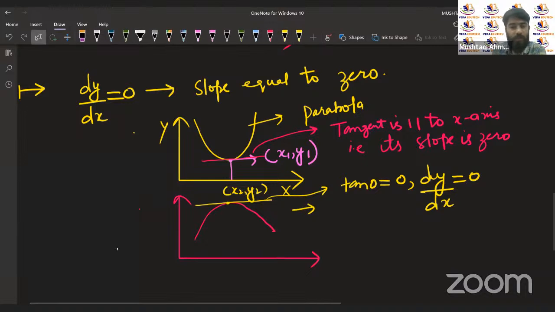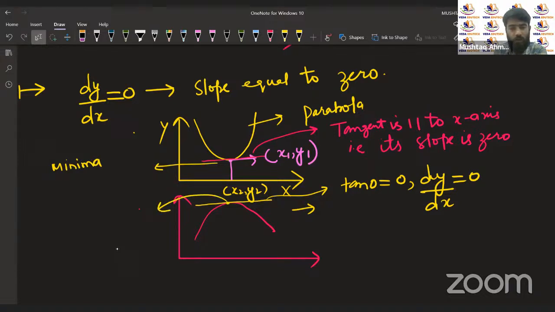So what does this point represent? This point is a minimum point of this curve. This is the point where the value of y is minimum, and this is the point where the value of y is maximum. So slope 0 gives us two conditions.